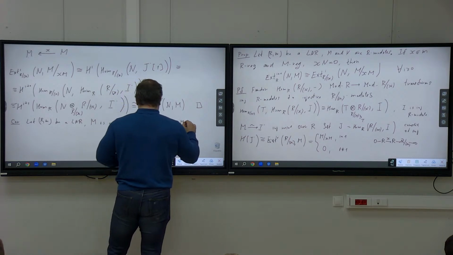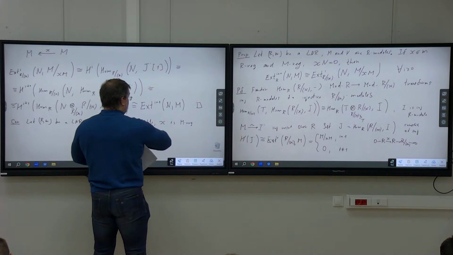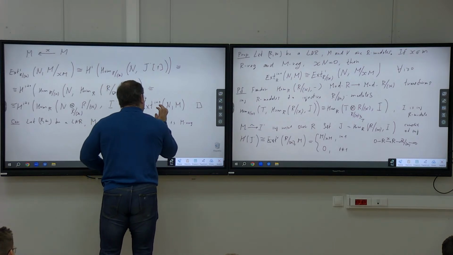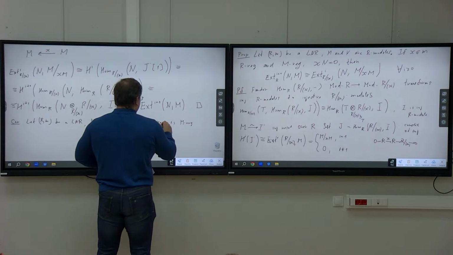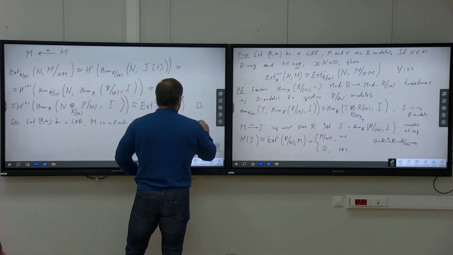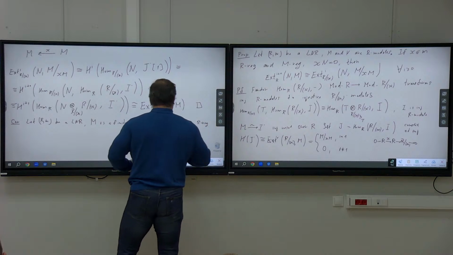As before, I want X to be in the maximal ideal, of course, so otherwise it's not very interesting. X in the maximal ideal is M regular and R regular, as before.